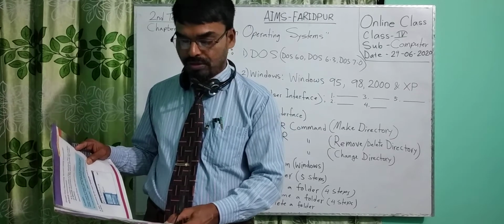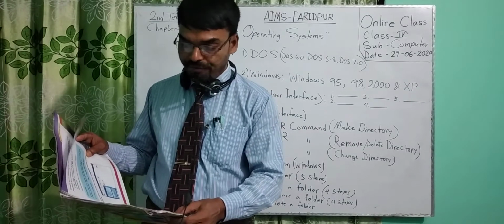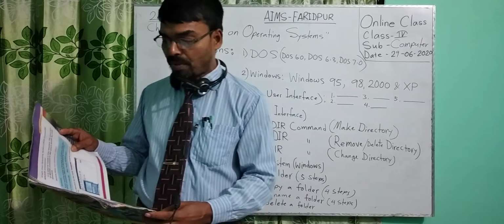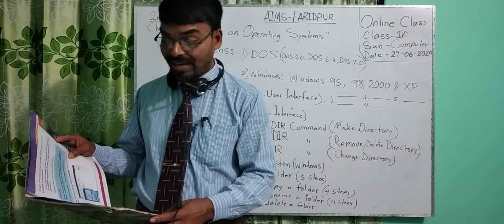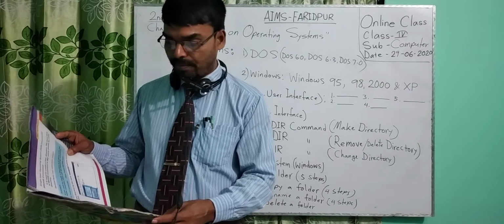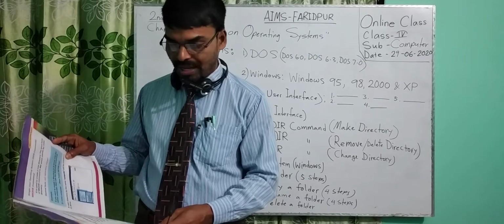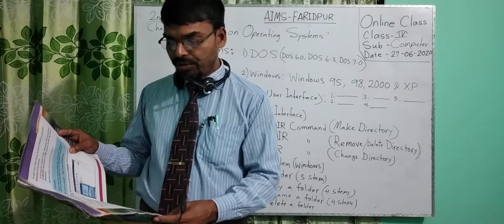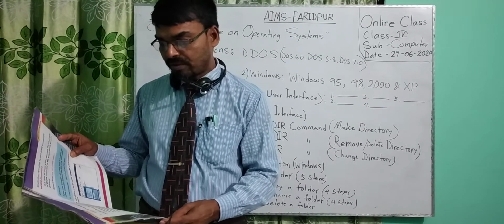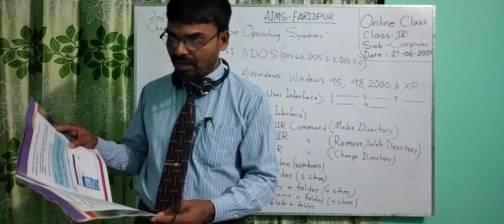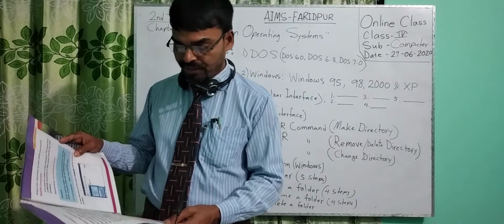Number 4, the user, even without much knowledge of computers, can easily work by looking at menus and icons. Last, number 5, Windows is an example of GUI, that is graphic user interface.